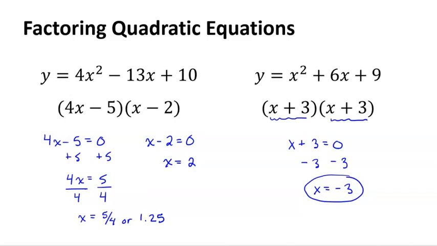So factoring seems like it would be a great method for solving quadratic equations, but we learned while we were doing factoring that not every quadratic equation is factorable. So it works great if they are factorable, but if they're not, you're kind of stuck and there's nowhere to go from there.